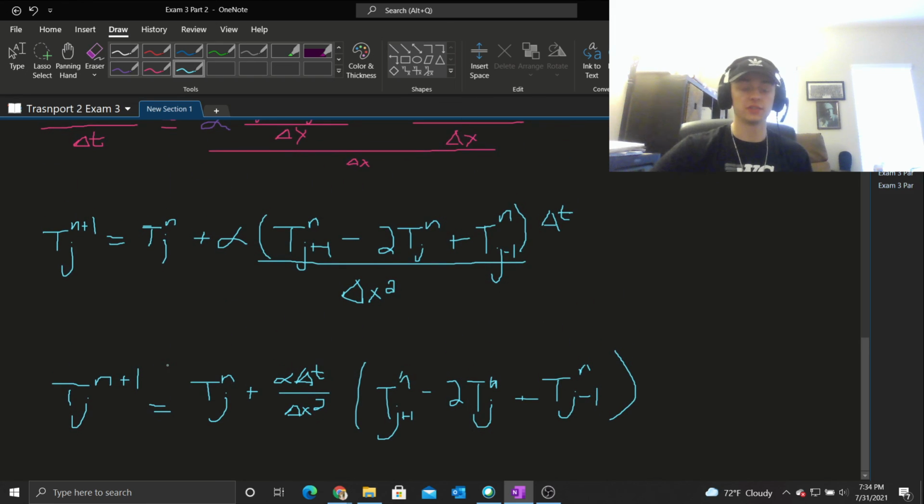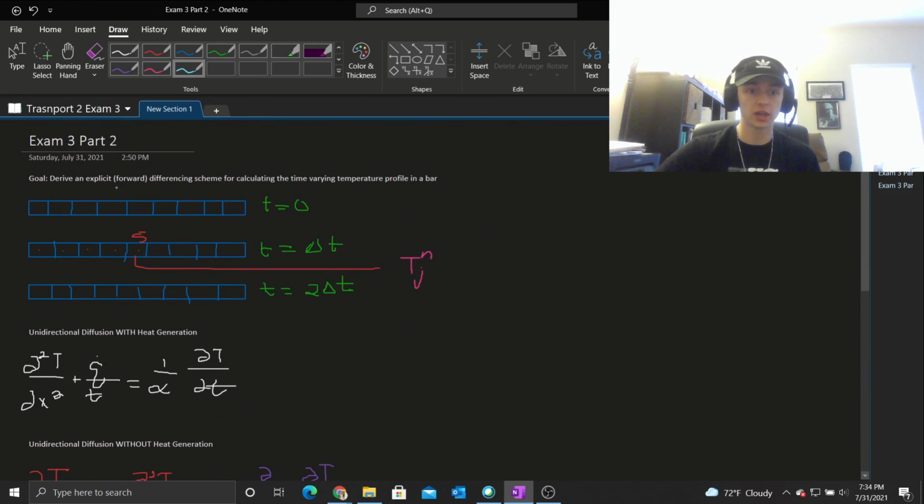And so what this gives us is our forward differencing scheme for calculating the temperature at a specific point in the bar.